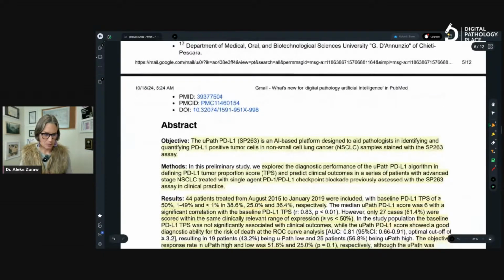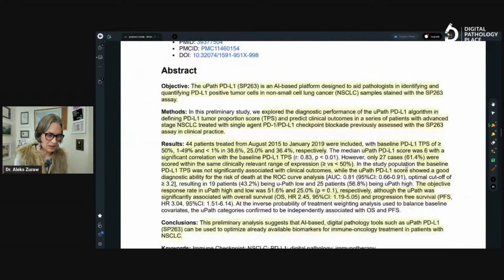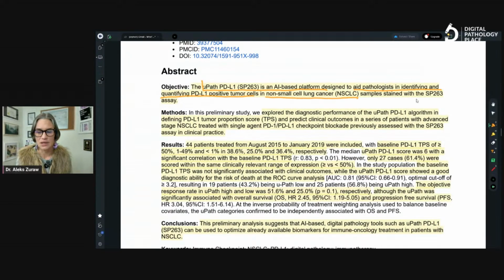And what happened here? We have the uPath PD-L1. uPath PD-L1 is an AI-based platform designed to aid pathologists in identifying and quantifying PD-L1 positive tumor cells in non-small cell lung cancer. And the samples were stained with SP263 antibodies.